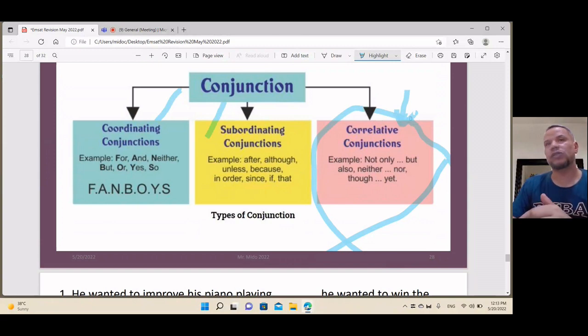Not only, but also. Yes, keep them like that. Two sections: not only a sentence, but also a sentence. Neither a sentence nor a sentence. Either a sentence or a sentence, and so on. So this type is very VIP or essential.